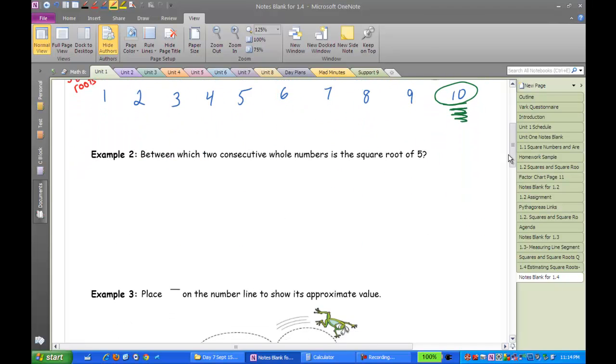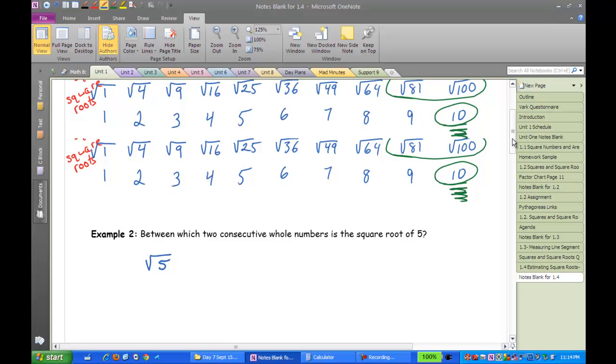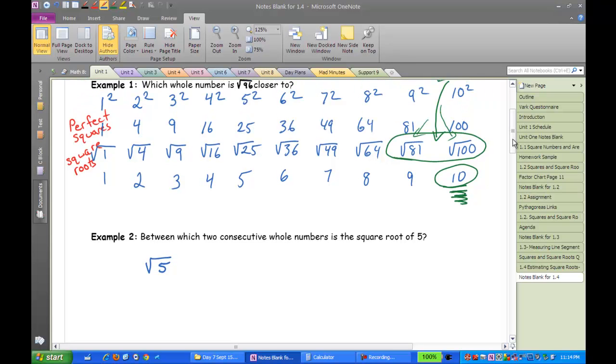Another way to do this is if we take a look at example 2. Between which two consecutive whole numbers is the square root of 5? All right? Well, let's write this down. Let's go with the square root of 5. Let's look back up here. What are some perfect squares that we have here? The square root of 4 is on one side of 5, and the square root of 9 is on the other.